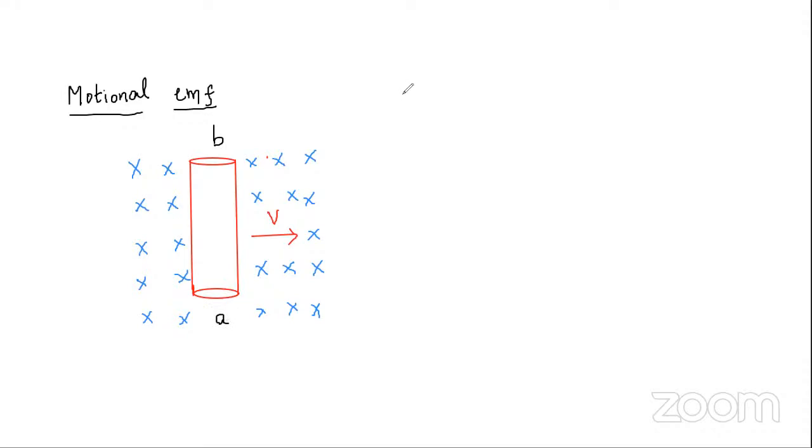The magnetic field is represented by capital letter B. This is the magnetic field, and the length of the conductor is represented by small letter l.